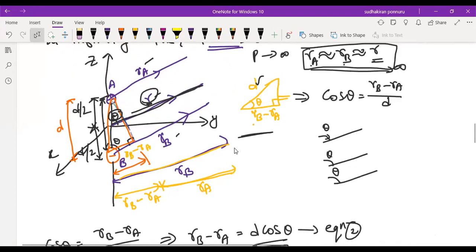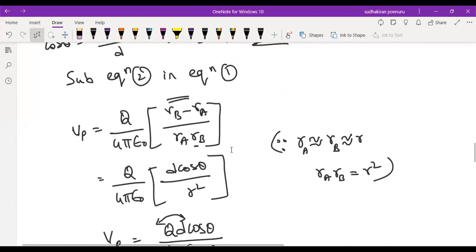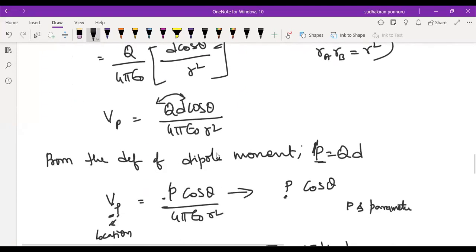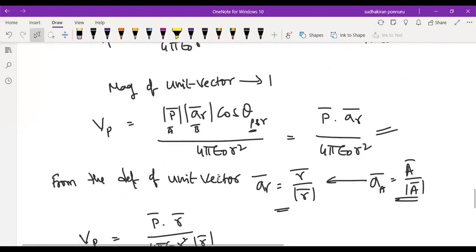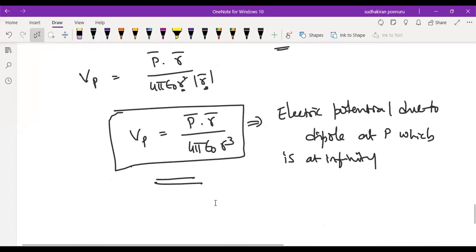From this right angle triangle, we have got cos theta, that is Rb minus Ra divided by d, and we have substituted the value here and applied the concept of dipole moment, that is p is equal to Qd. Again we expressed the above expression by using the dot product concept as well as the unit vector concept, and finally obtained the expression Vp equal to P bar dot R bar divided by 4 pi epsilon naught into R cube, which is the electric potential due to dipole at point P, which is at infinity.